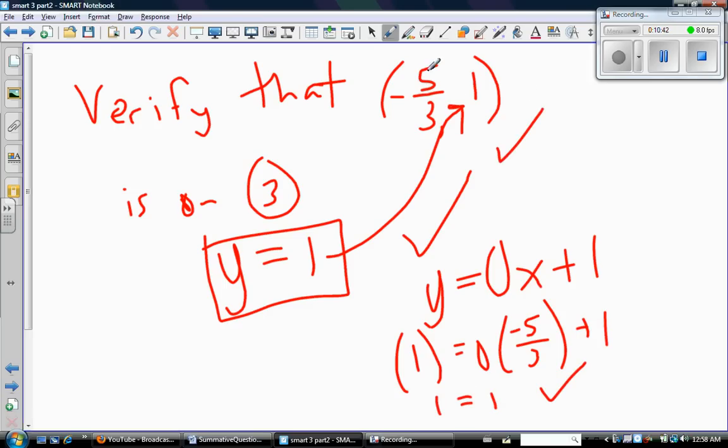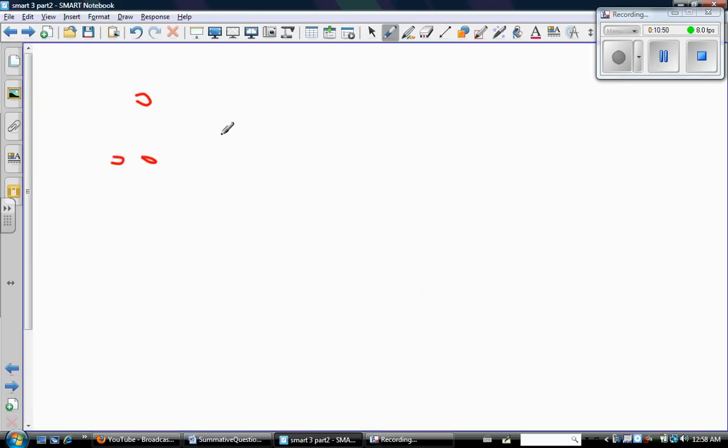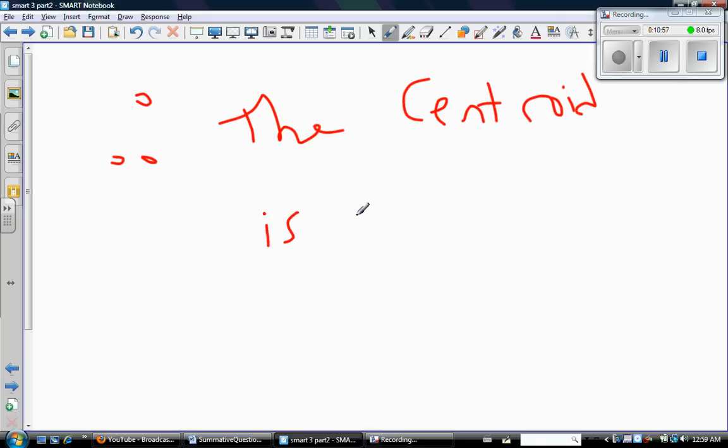Therefore, this point is on this line. So now I know that the centroid is at negative 5 over 3, comma 1. Excellent. We're still not done this question.